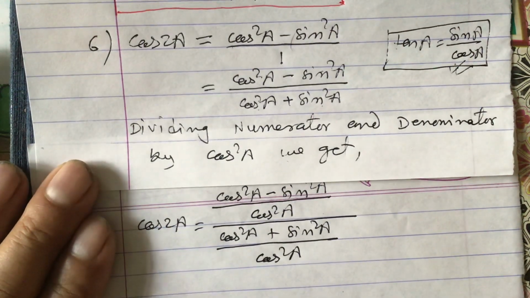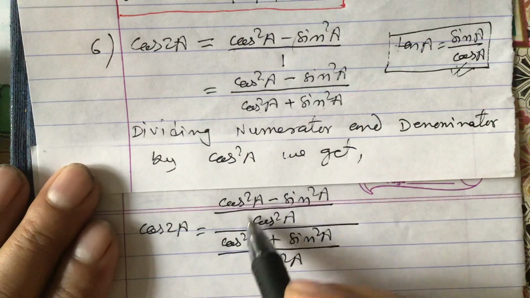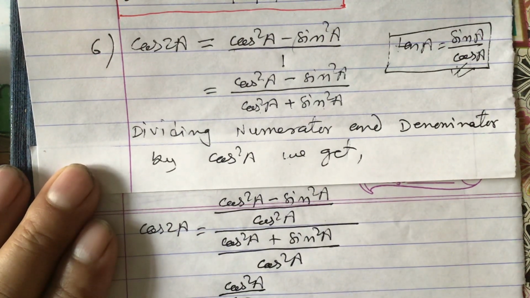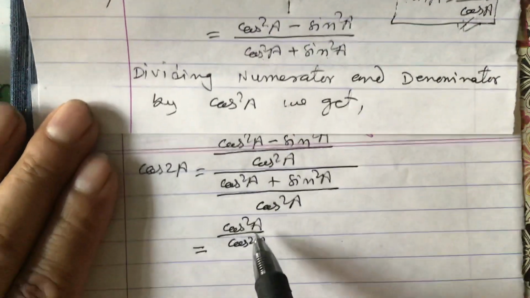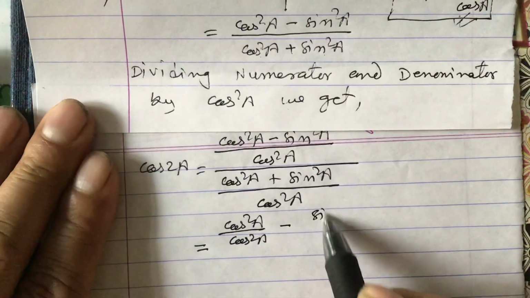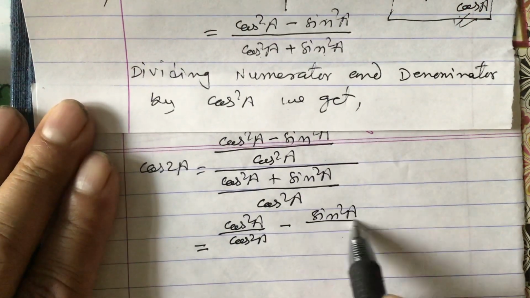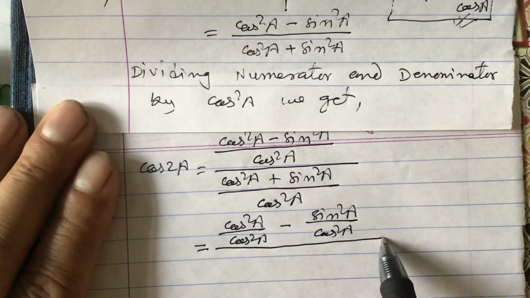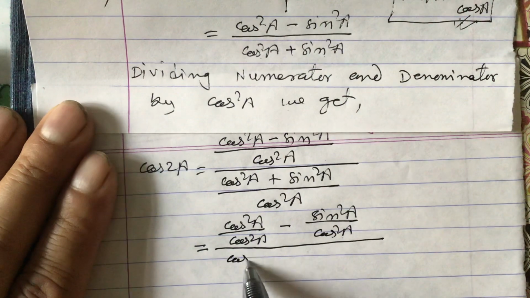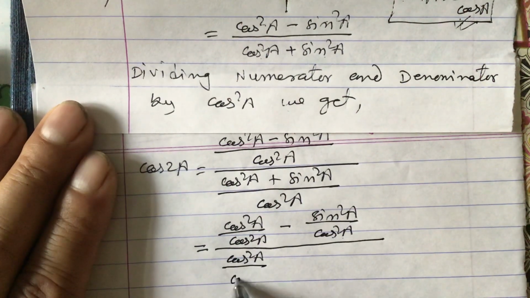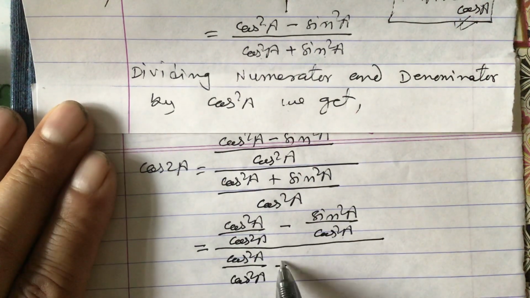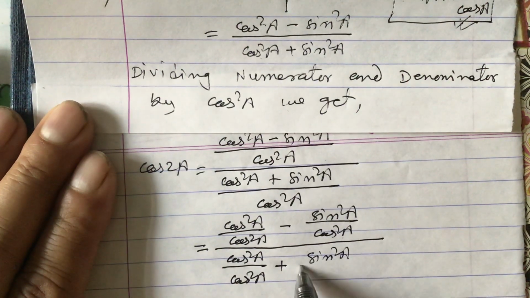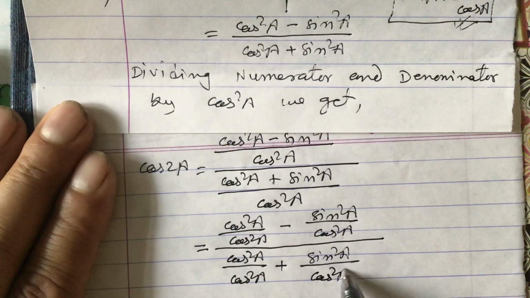So now we can break this one: cos square a by cos square a minus sine square a divided by cos square a, whole upon, and in denominator also the same thing, cos square a by cos square a plus sine square a divided by cos square a.